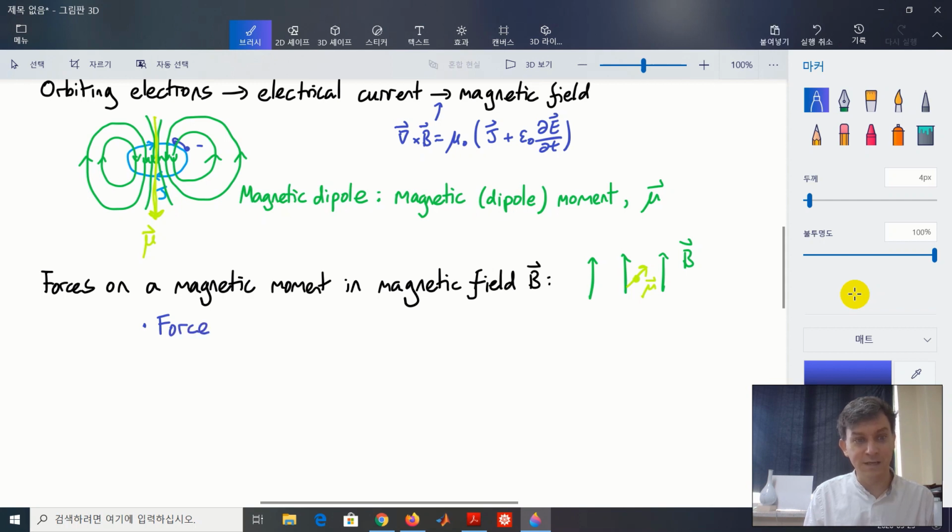The force on the magnetic moment is given by the magnetic moment dotted with the gradient operator applied to the magnetic field. If you haven't seen this gradient operator before, let me write this out in components. This is the x component of the magnetic moment times the derivative with respect to x, and then the same for y and z.